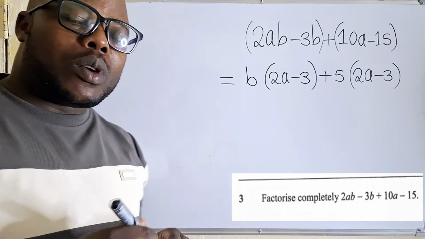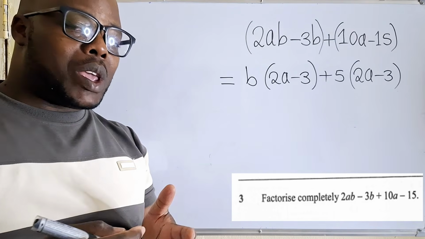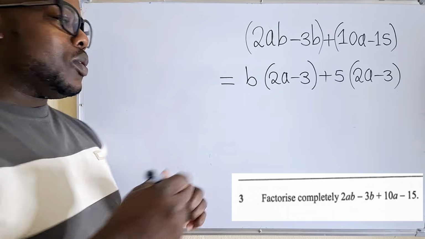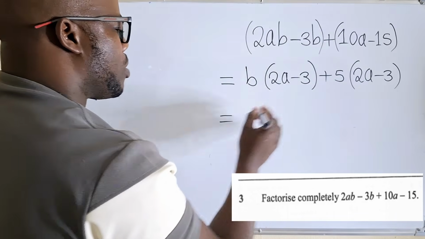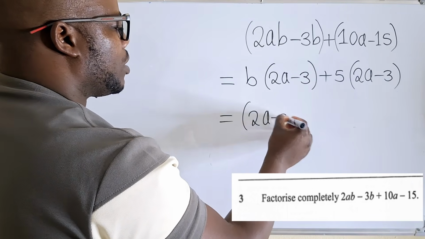So now at this point, we can see that there is a common binomial which has appeared. So this binomial has appeared right here. So we shall now factorize this binomial. That is 2a minus 3.